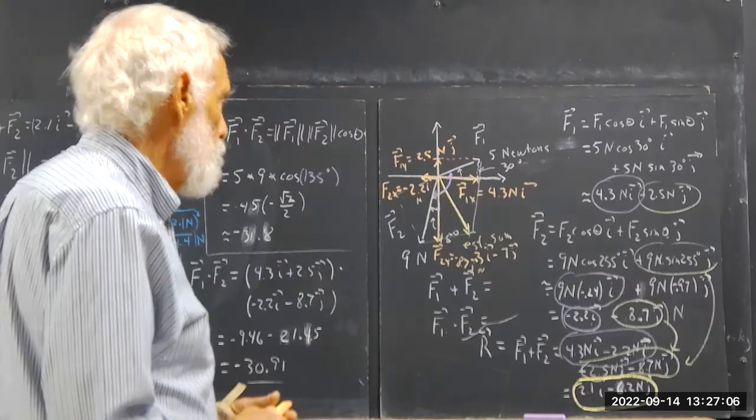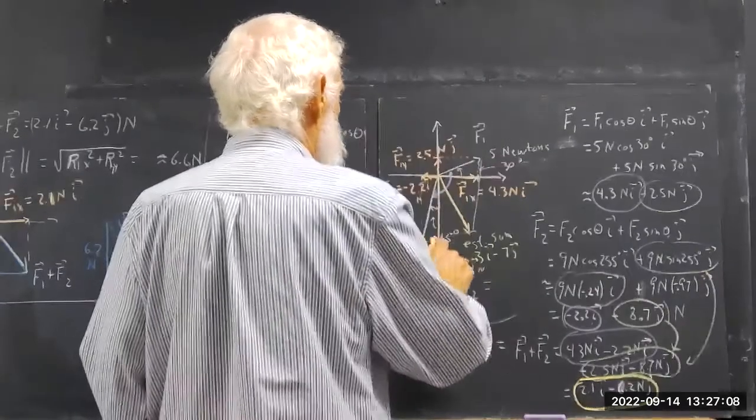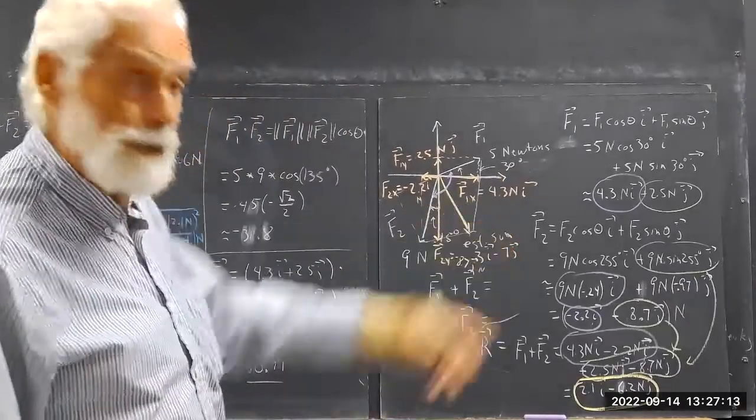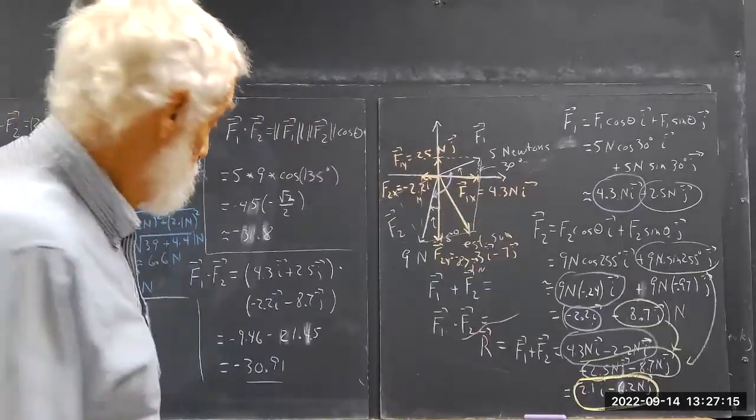And that should be clear. You just project this up here, project this over here. Then you've got a representation of those. We calculated approximately what they would be.